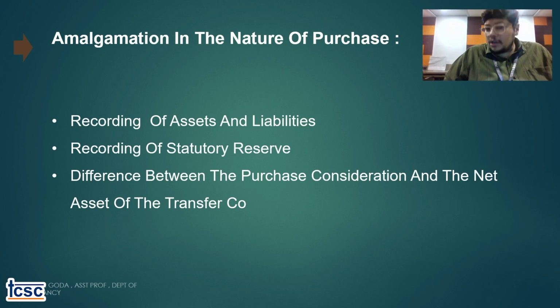If the value is not available, then the book value or balance sheet value will be the base for it. Second important part, which is not there in merger but is there in purchase method, is recording of statutory reserves. Dear students, there are many kinds of statutory reserves which a company has to keep aside for future provisions and contingencies.